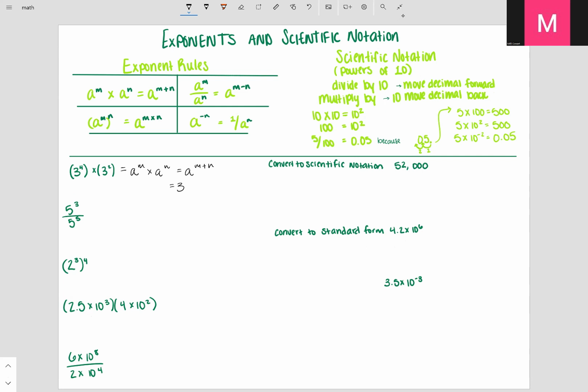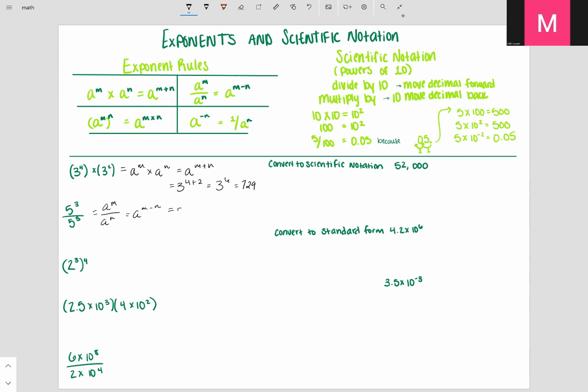So we have 3 to the 4 plus 2 equals 3 to the 6th, and if you multiply that out, it will be 729. And then we have another one where we're dividing. So that's going to be a to the m over a to the n.